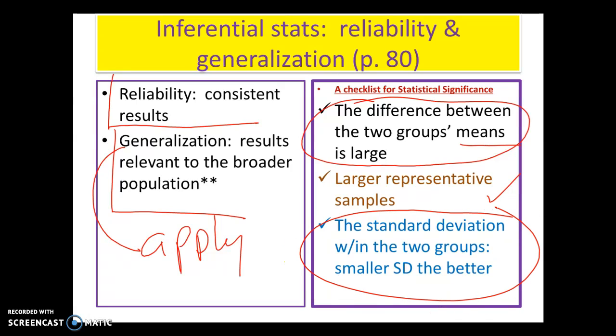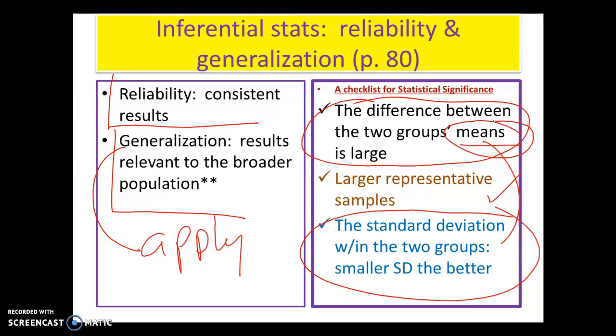We want the standard deviations within both groups, experimental and control, to be on the smaller side. Okay? We want them to be smaller rather than larger, because the smaller they are, the more reliable the mean is. So the smaller the standard deviation, the more reliable the mean.